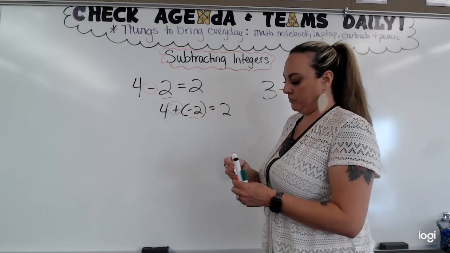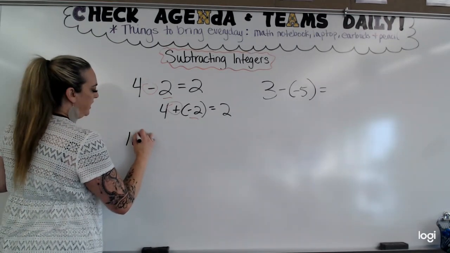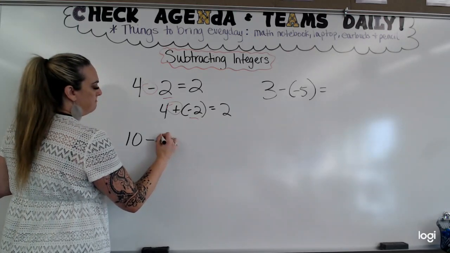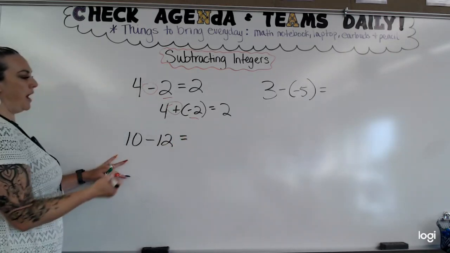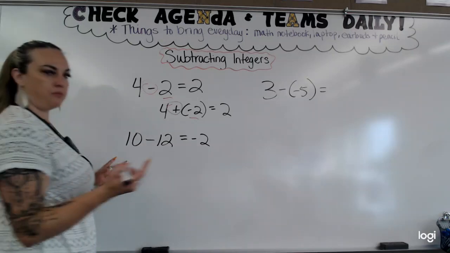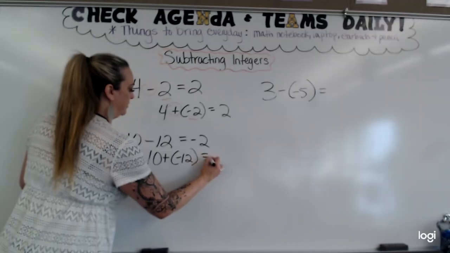So let's do one more like that. We'll take 10 minus 12. Well, I know that that's negative 2, but now when we think of it as an addition problem, it's 10 plus negative 12.